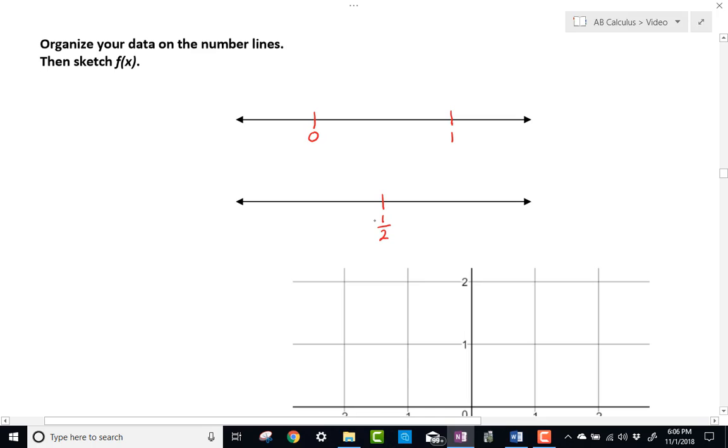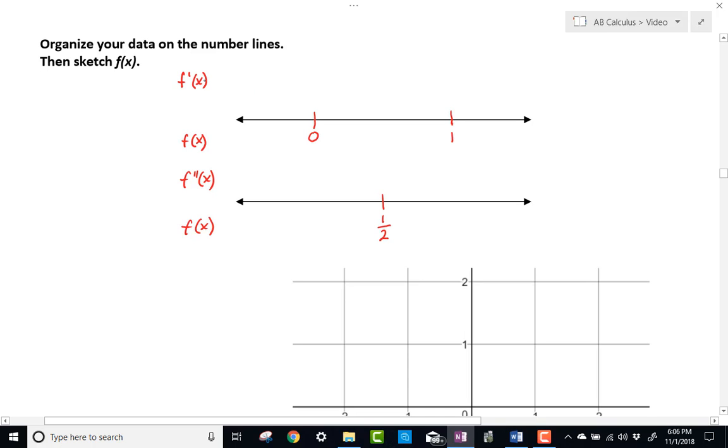I'm going to organize all the data from the 2 number lines that I had. On the first number line, we were talking about f prime of x and made some inferences about f of x. On the second number line, we were talking about the second derivative, f double prime, and we made some inferences about f of x based on that as well.